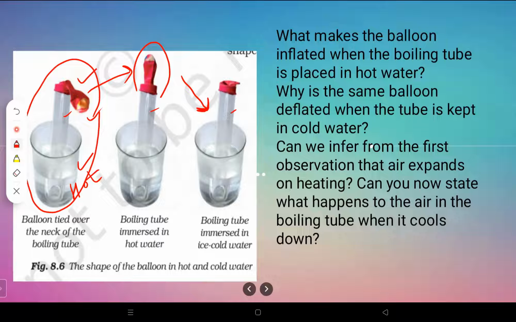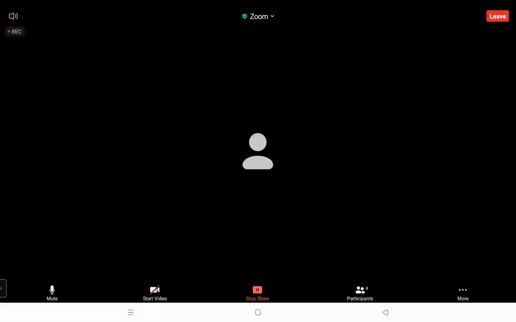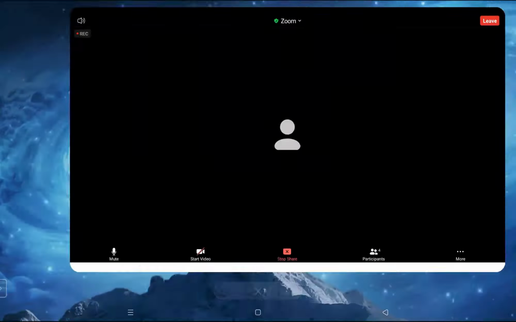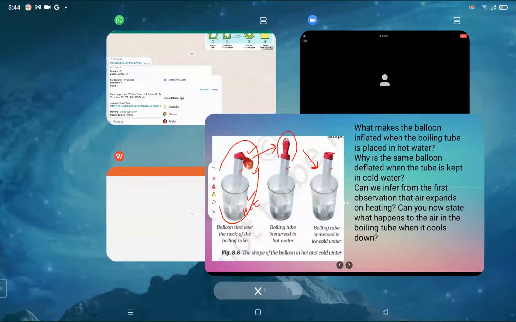Can I say that air expands on heating? Tell me.